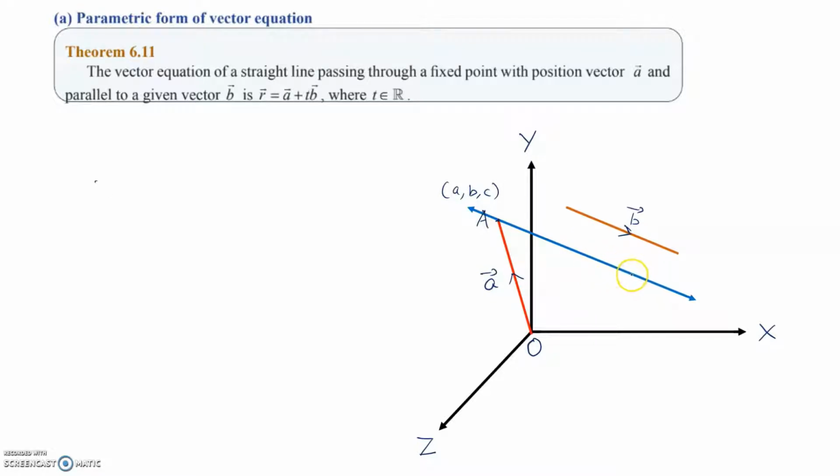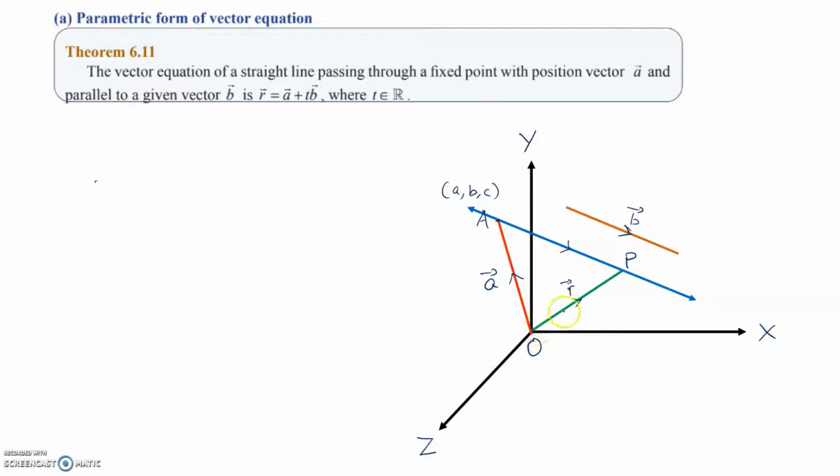Now I'm going to mark another point here, P, and call this my vector R. Those steps were very simple. So now you have a line AP, or vector AP, which is parallel to vector B, and it passes through the point A.